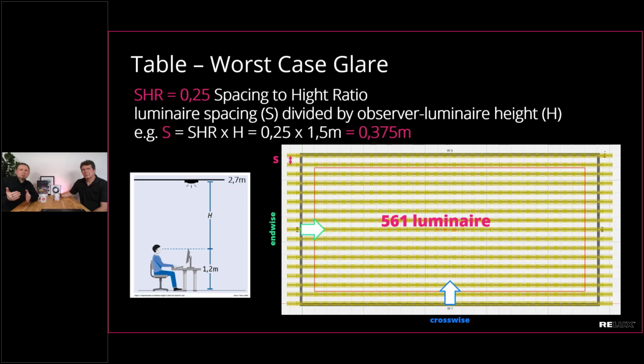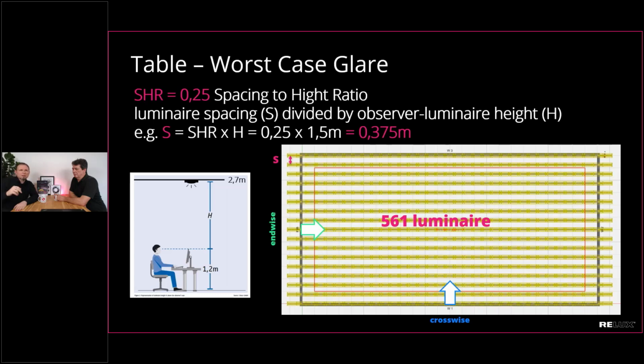This is just the ratio of the luminaire spacing, so the distance between the luminaires, and the height between the observer and the luminaire mounting area. You can find the difference in this small sketch. The observer position in the sitting position is 1.2 meters in general, and in the standing position we use 1.7 meters.